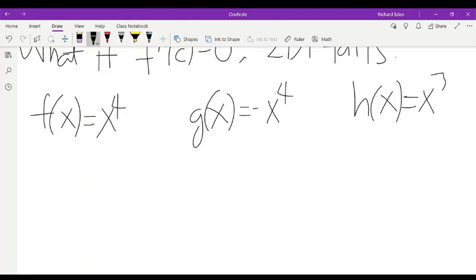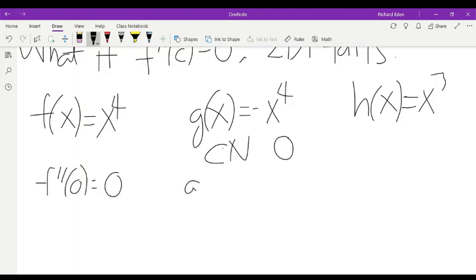You can verify that all these three functions have the critical number 0. For example, if you take h of x, its derivative is 3x squared. So it does zero out when x is equal to 0. Now, if you go further ahead and evaluate the second derivative at the critical number, you're going to get the following values for the second derivative, all 0.